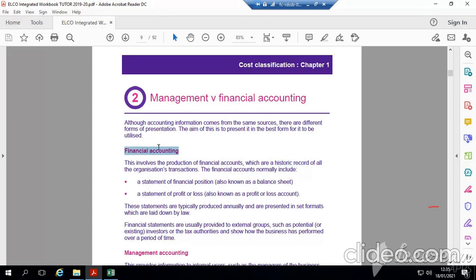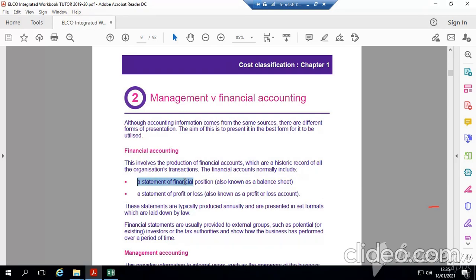Financial accounting is more concerned with external issues, such as providing information for the shareholders, the community and local government, and publishing a financial statement annually. One of the main requirements of financial accounting is preparing the financial statement.